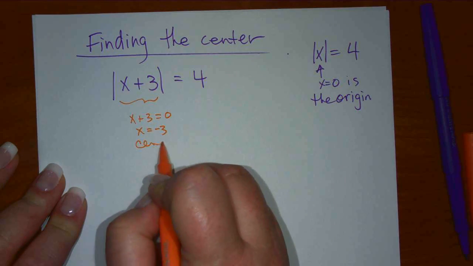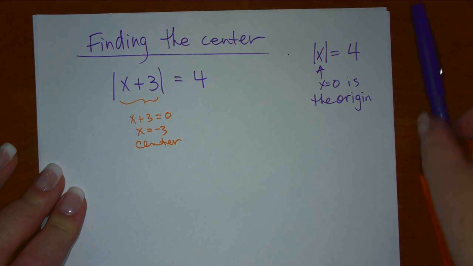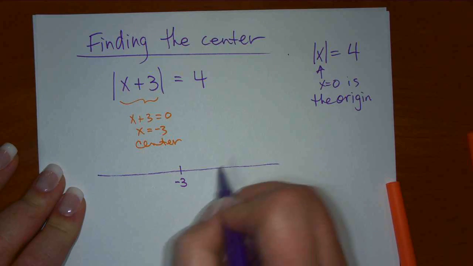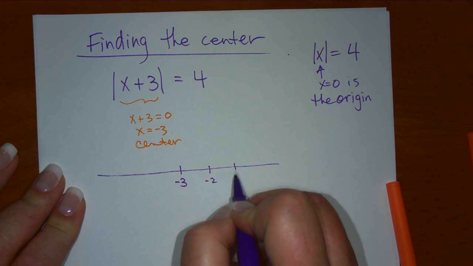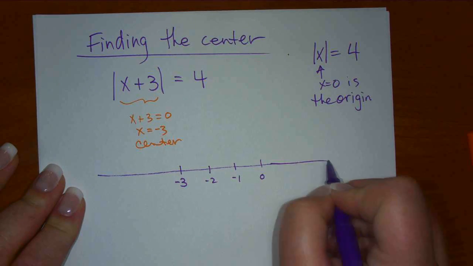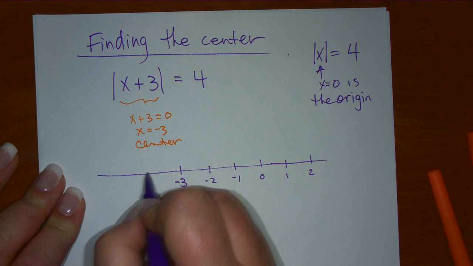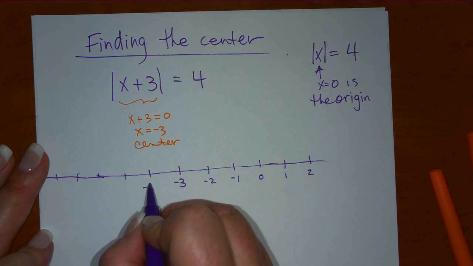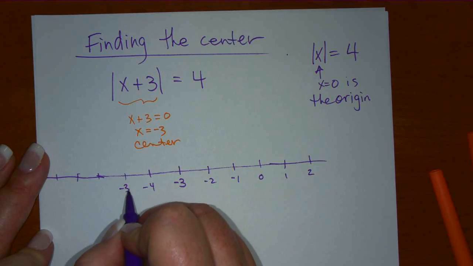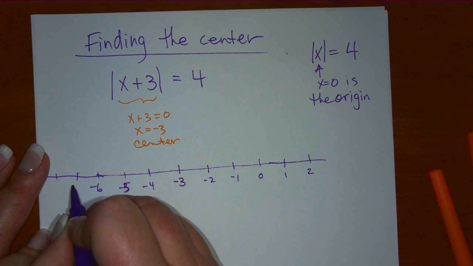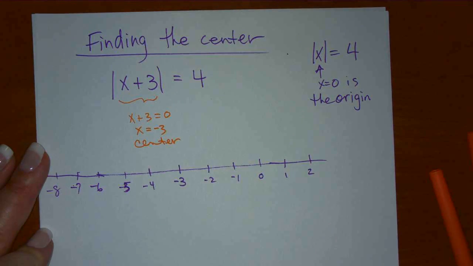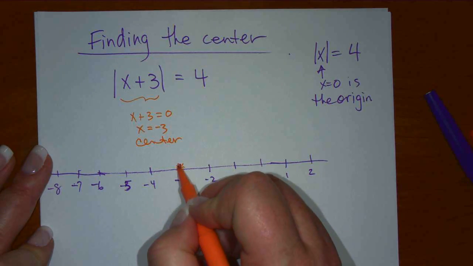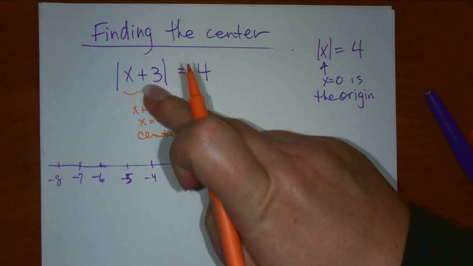So if we were to draw this on a number line, instead of being centered at 0, we're centered right here at negative 3. It's whatever makes that 0 inside that bracket.